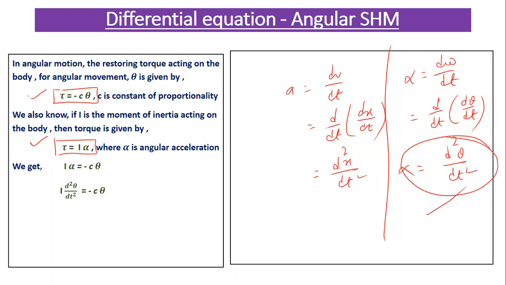Now we have to simplify this equation to get the differential equation. We transfer this I to the right hand side, where it is divided. So we get d square theta by dt square is equal to minus C theta divided by I.